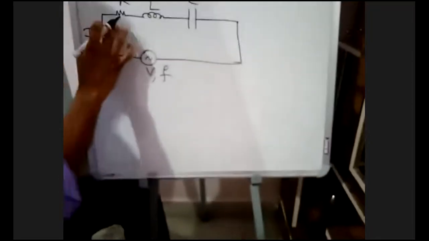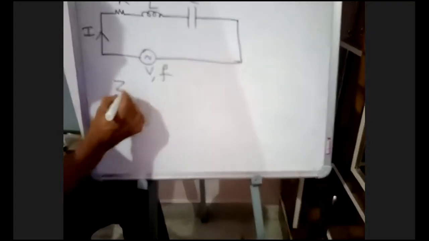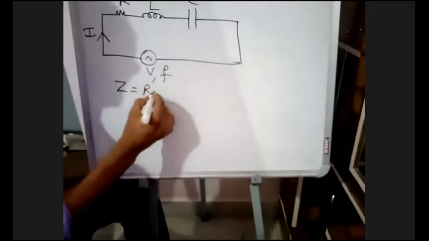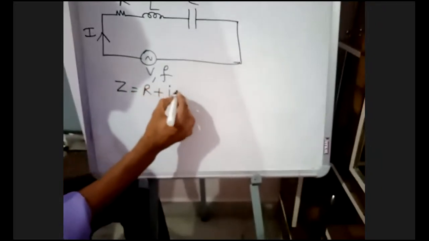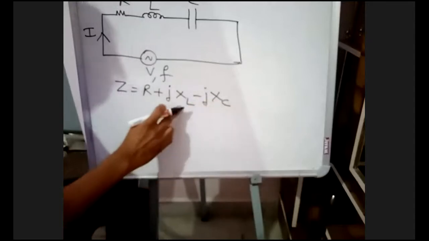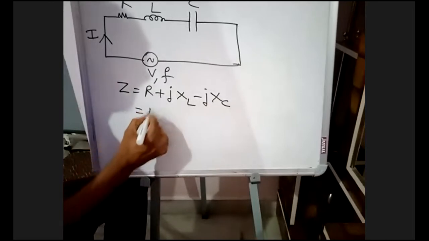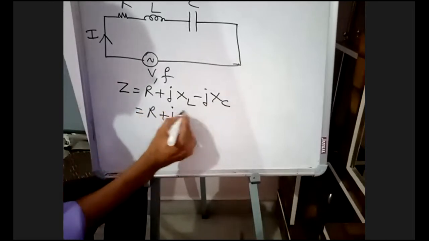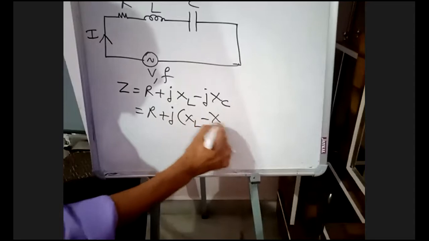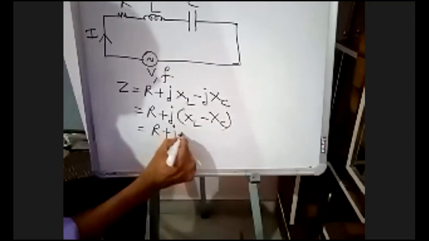Whatever current flows in R, the same current will flow in L and C. The impedance Z is equal to R plus jXL minus jXC. For inductance, you get plus. For capacitance, you get minus. That is equal to R plus jX.